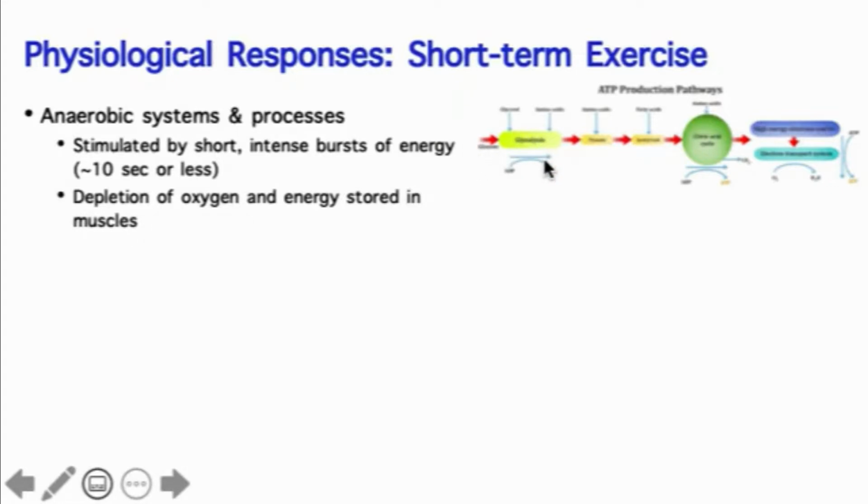Glycolysis is just the process of breaking down that glucose and producing energy from it. In this process we can also produce lactic acid or lactate. Both terms are used interchangeably, at least in the research that I've read. Other than a hydrogen component, they don't really have much of a difference.